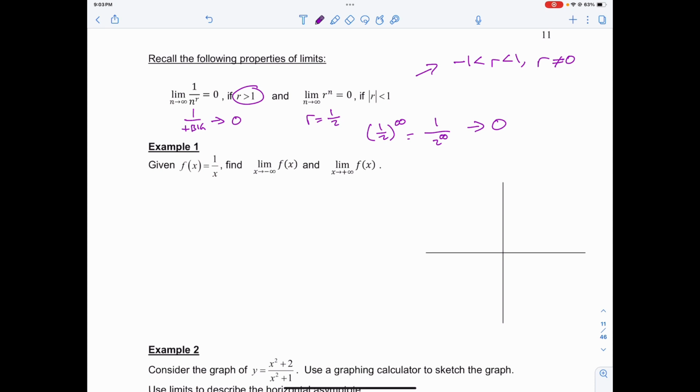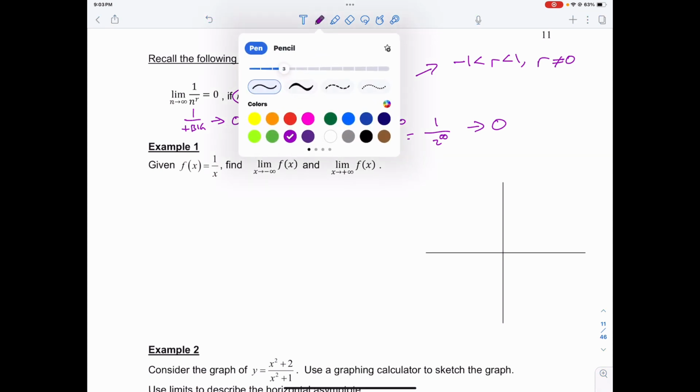So for example 1, it says, given f of x is equal to 1 over x, find the limit as x approaches negative infinity for f of x, and the limit as x approaches positive infinity for f of x. So let's start with the negative one first.